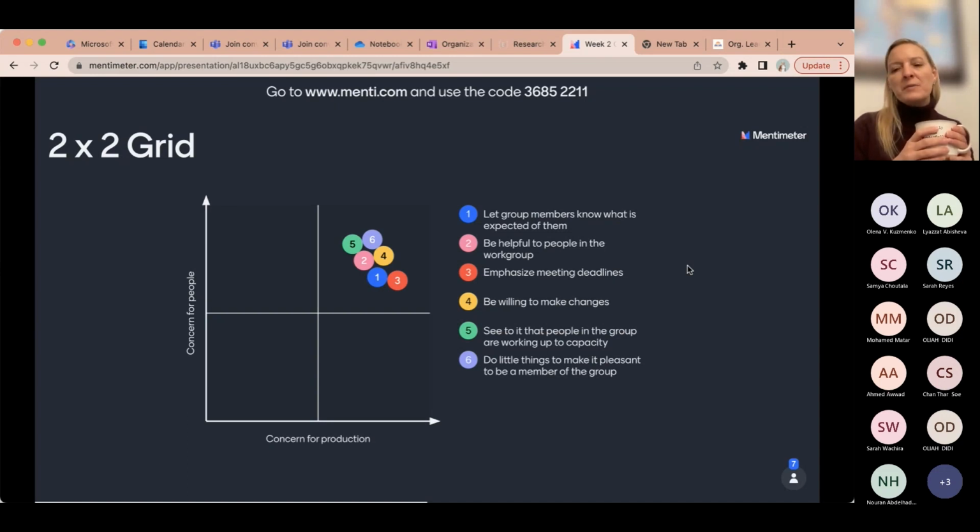And that's why I did this. To be honest with you all, I thought about what kind of visualization to use for this experience, and went with the 2x2 grid because I wanted you all to see how it can be very different when you have hundreds of people complete this. You would be surprised that we would have more that show up on concern for people versus concern for production.